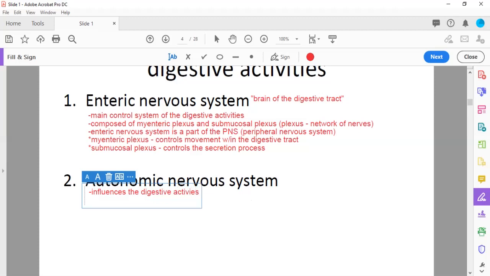And as you remember this, the 2 subdivisions, yes, the parasympathetic and the sympathetic subdivisions. And we know for a fact also that the autonomic nervous system belongs to the PNS. All right, let's move on.